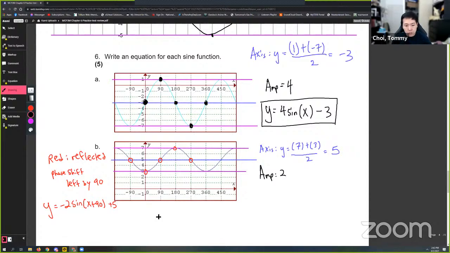If you are a student who saw this point first in black, then you would have seen axis, peak, axis, trough, axis. Which means for the student that picks the black points, it's not reflected.